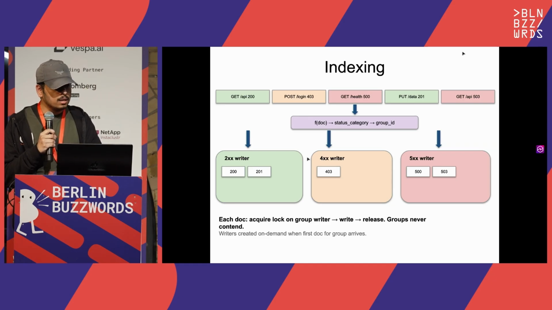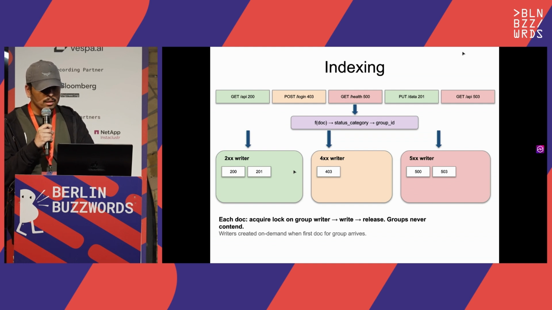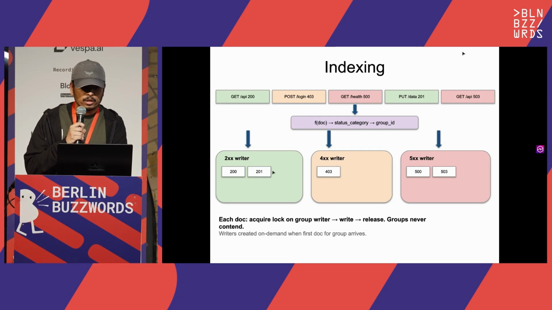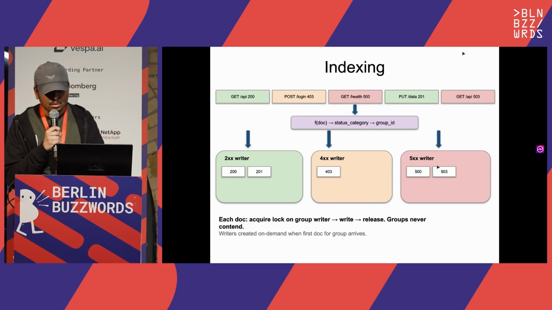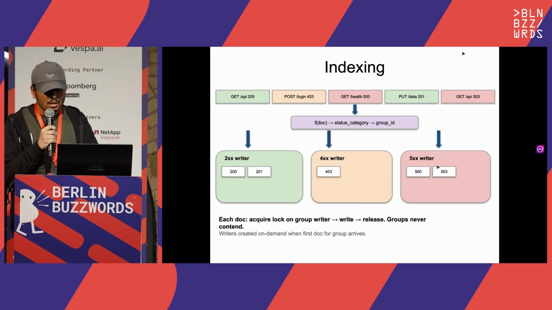As we can see in the diagram as well, documents get routed to a group-specific writer. So 2xx logs went to the 2xx writer during ingestion time, based on the grouping criteria that we evaluated. 4xx logs went to the 4xx writer, and similarly 503 went to the 5xx writer.